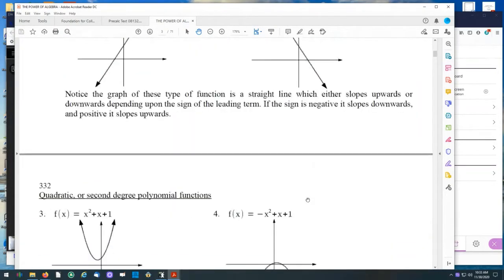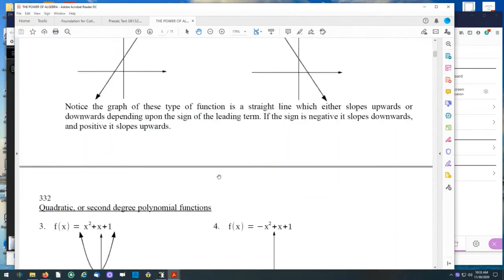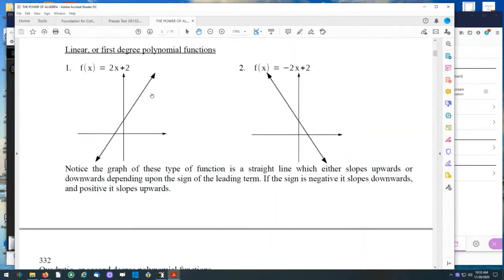Notice here, for f of x equal to just x to the first power, there are no turning points. This never changes from increasing to decreasing. So for a first degree polynomial function, there are 0 turning points. It's either always increasing or always decreasing.